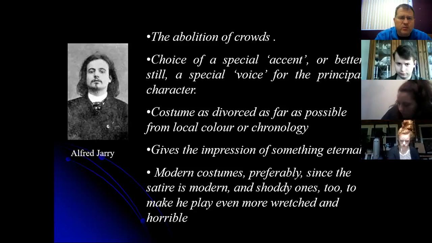He wants shoddy ones. He wants poorly built. The more wretched and horrible, the happier it is. The less like an actual pair of clothes or set of clothes you'd actually wear, the happier he is. Remember, his big visuals here aren't going to be a set. It's going to be the costumes that people are wearing, and the way they're moving around the stage.